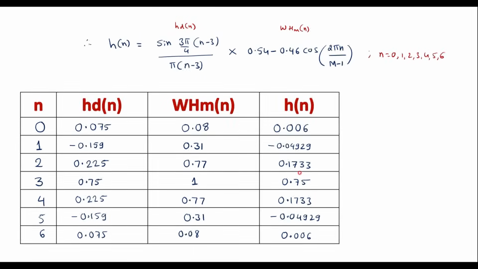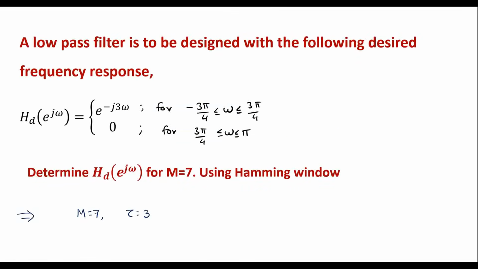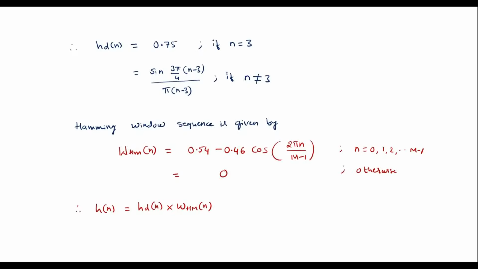Now let me calculate, as it is asked in the question that we are supposed to find hd of e power j omega, that is nothing but frequency response. The frequency response is given by the formula.